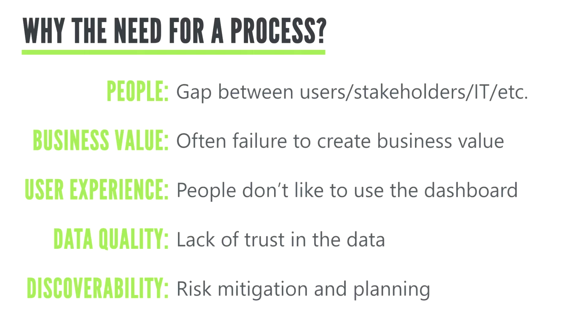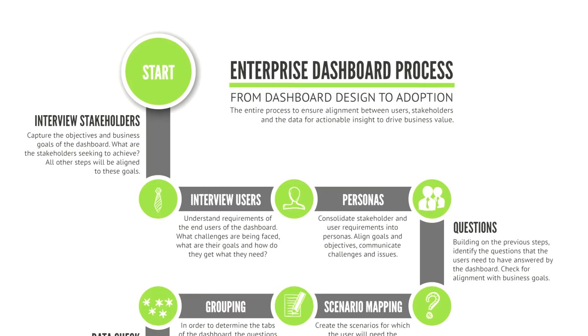So let's walk through the process from a high level first, and then we'll do a deep dive into each step. The process starts with understanding what the objectives are, and we're going to interview the stakeholders. So that's step number one. Why is it that this dashboard is required? What's needed from it?